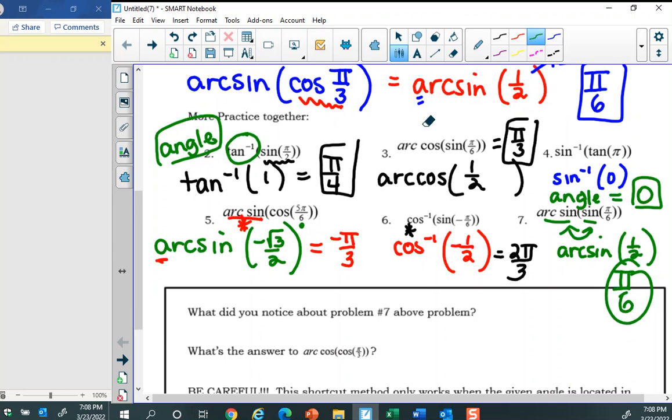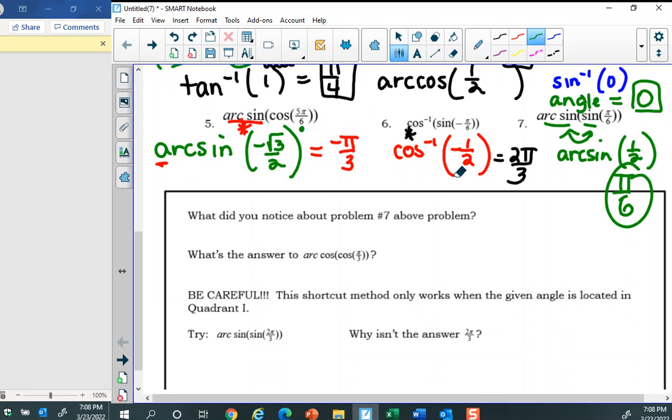We just undo each other. It's a great shortcut that works. For example, arc cosine of cosine of pi over 3, pi over 3. But that's only going to work really nicely if you're working in quadrant 1.